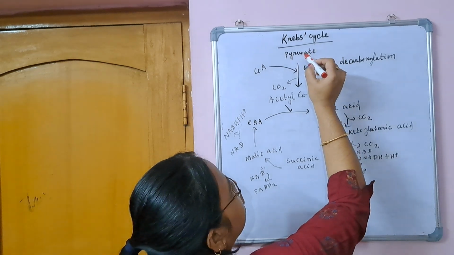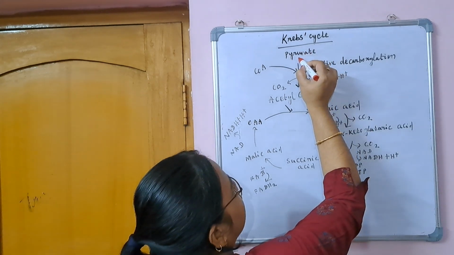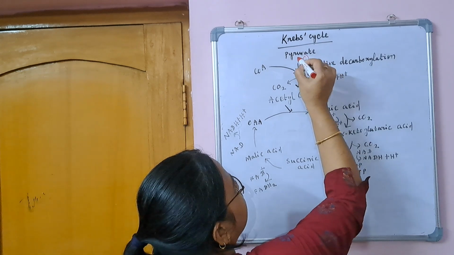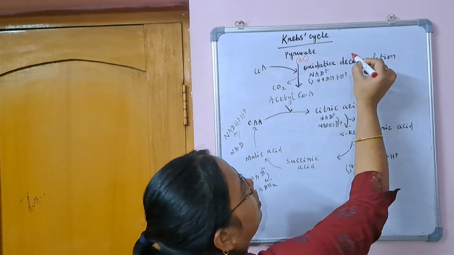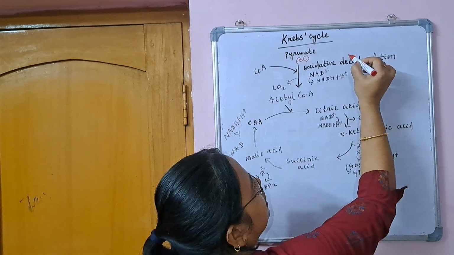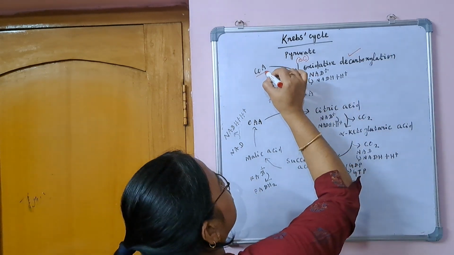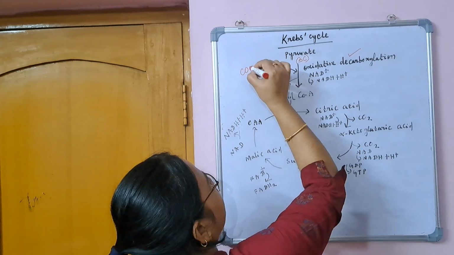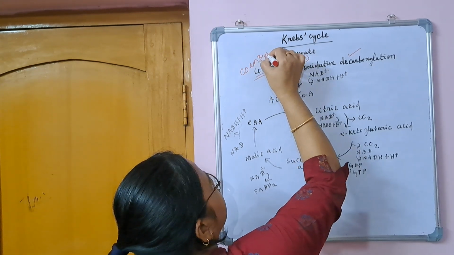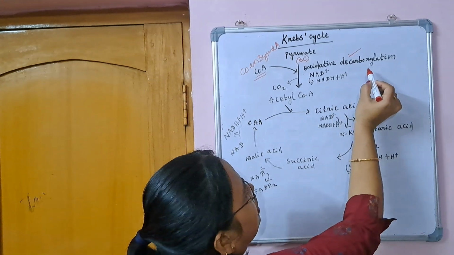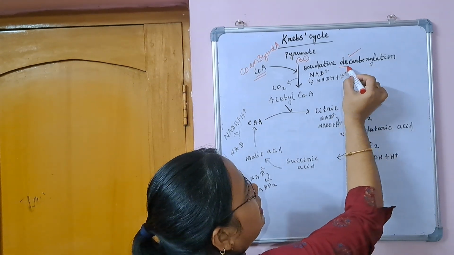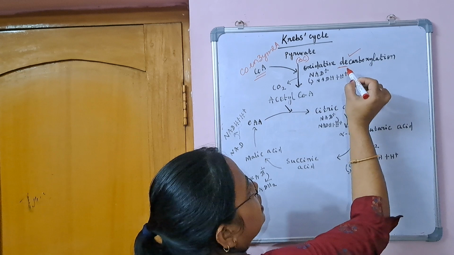Here you see this pyruvate is a 3-carbon compound, and in this pyruvate a process will be occurring called oxidative decarboxylation, and one coenzyme A will be added. Decarboxylation, D means removal.